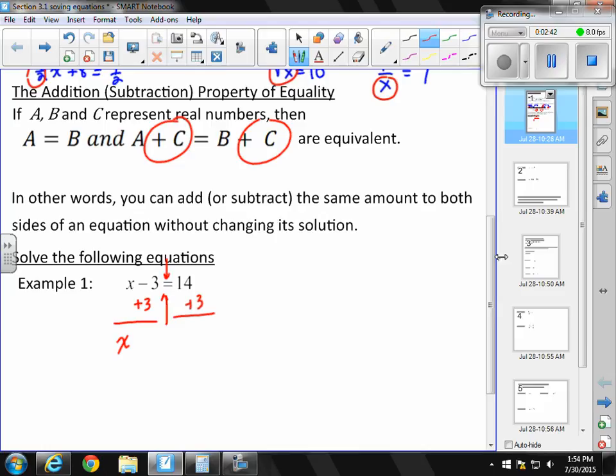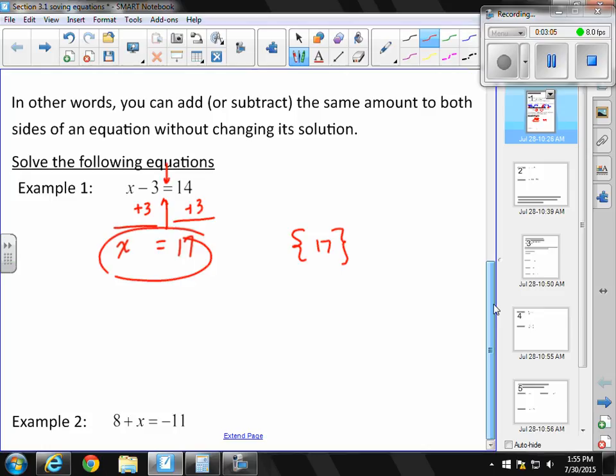So I have just x on the left-hand side of the equation, and on the right-hand side of the equation, 14 plus 3 is 17. And that would be my solution to this particular equation. Oftentimes we write the solution as a set, and we would say the solution is the set of 17. So you may see this when you start doing the online homework.